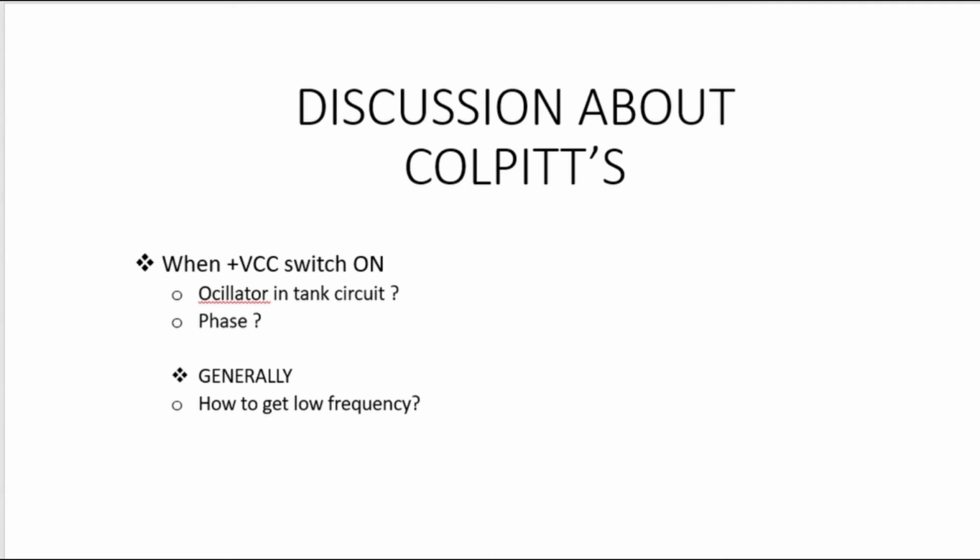The left terminal is positive and the right terminal is negative with respect to ground. The phase difference between the left and right terminals is about 180 degrees. In the CE mode, the transistor provides a phase difference of 180 degrees. Therefore, the total phase shift is 360 degrees.